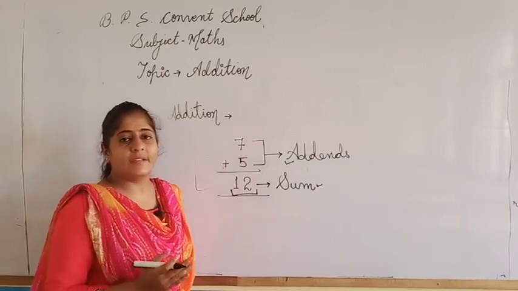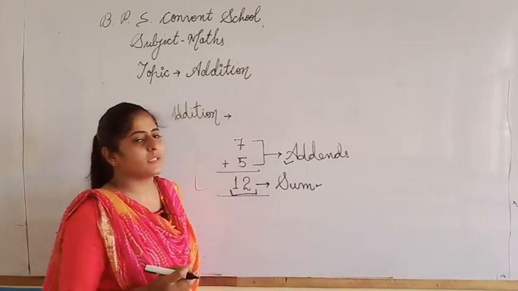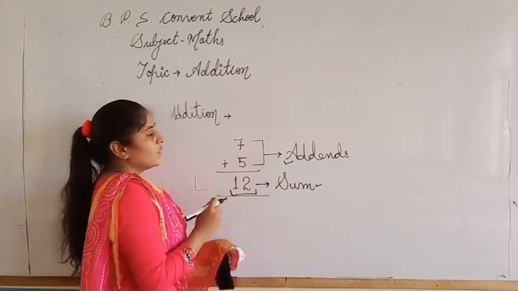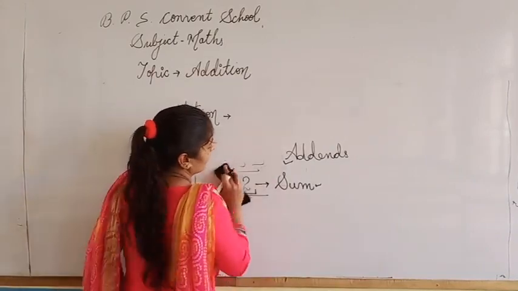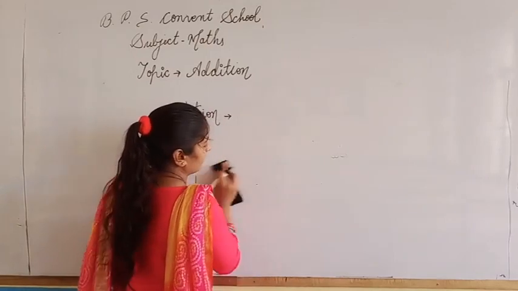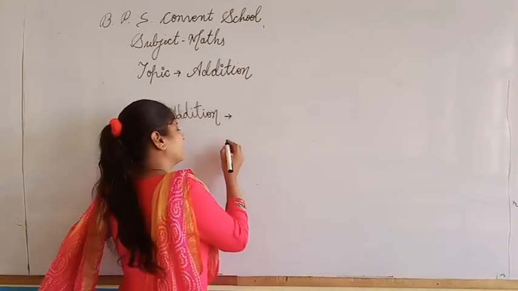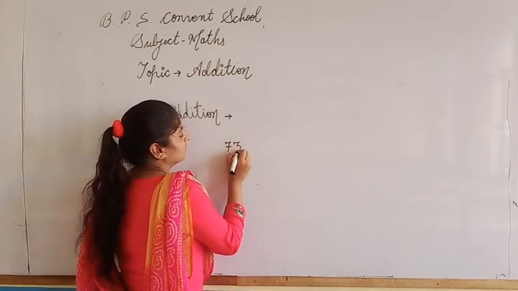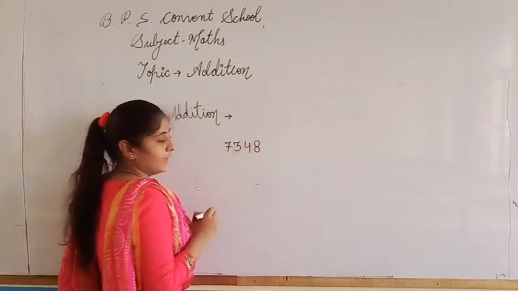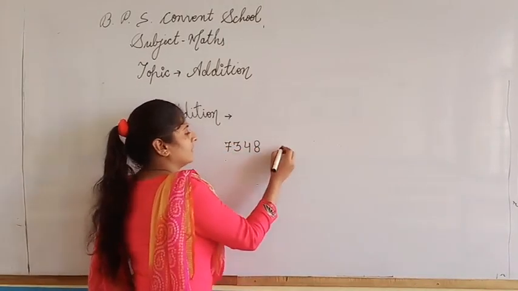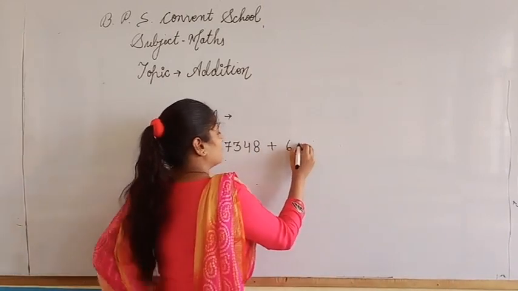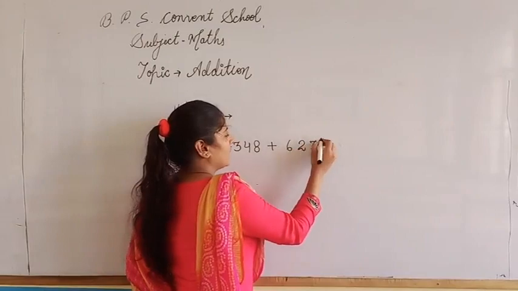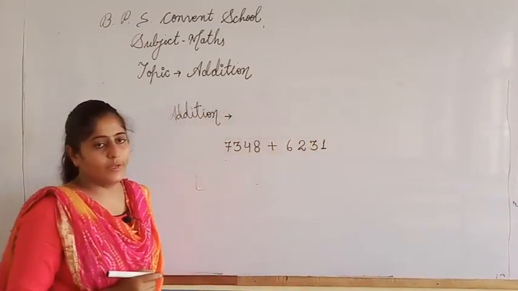When we add digits, we follow some steps. First, we arrange the digits in columns. For example, the numbers given are 7,348 and 6,231.